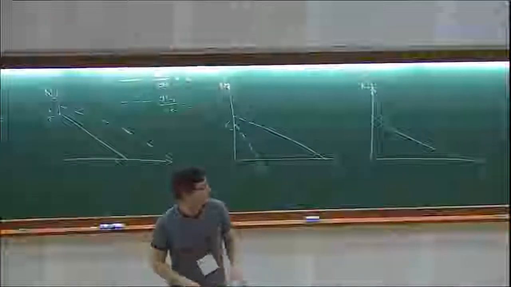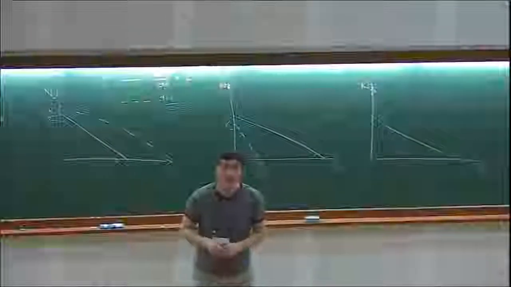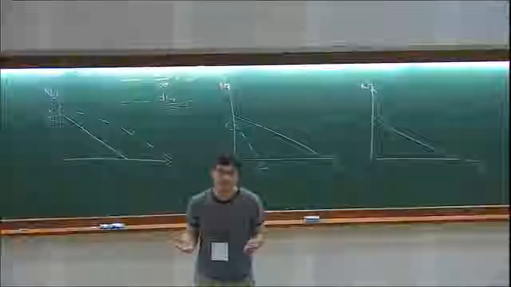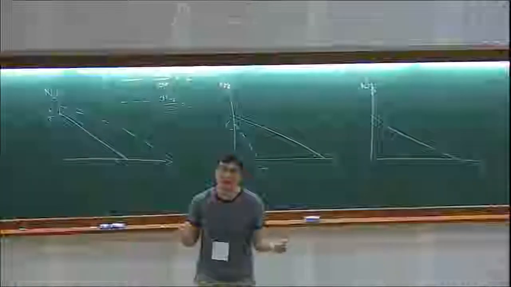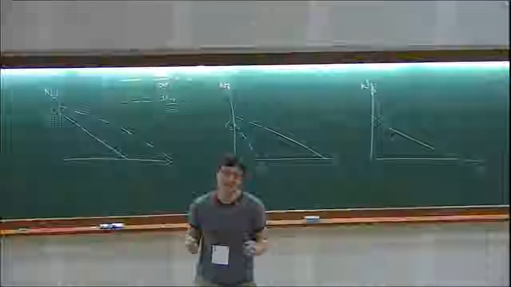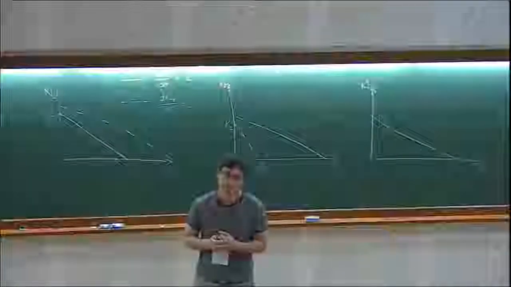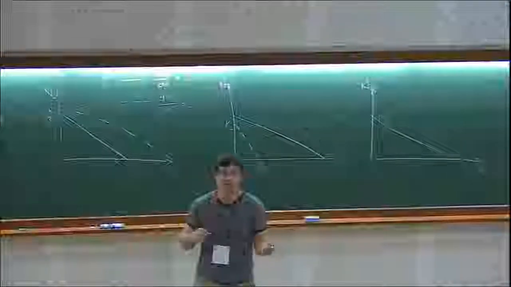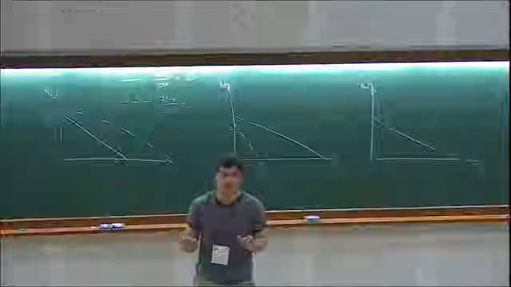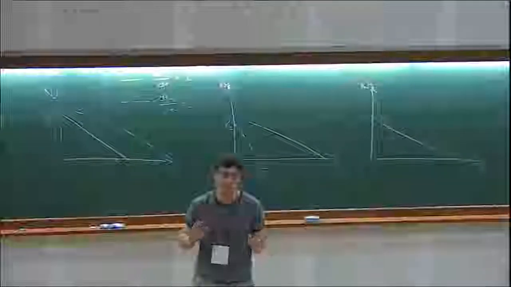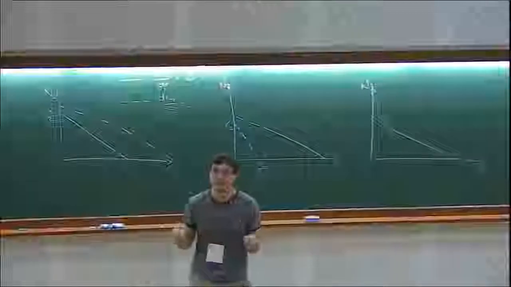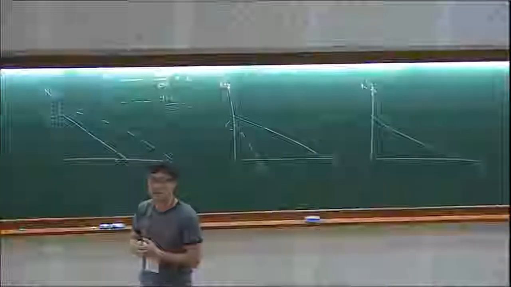Coexistence means that at equilibrium, both species 1 and species 2 have abundances that are greater than 0. So they're both coexisting, but it doesn't have to be 50-50. It could be 99%, 1%. The idea of coexistence is that they're both surviving at equilibrium.